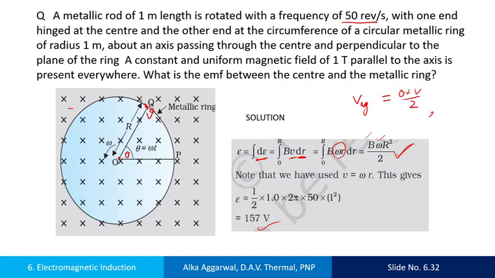Using the formula of motional EMF, BLV, in place of v we use the average velocity, so it becomes BLv by 2. Now v is equal to L omega, the same relation, so it becomes B L square omega by 2. Here L is R, so it is B R square omega by 2. So we get the same formula either by this method or by the other method.